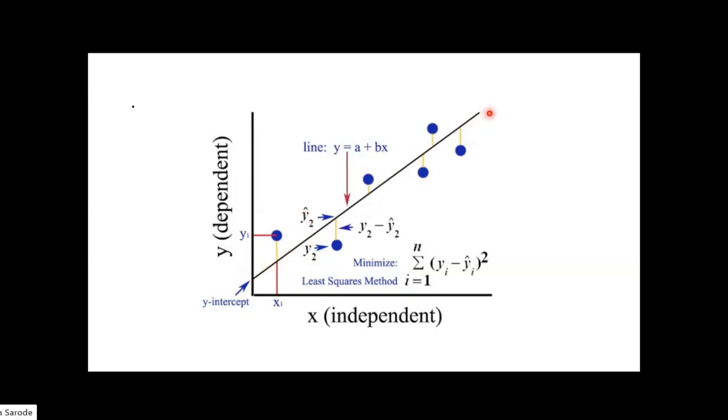This is your best fit line, let's say your line of regression. The point where this line cuts the y-axis is called the intercept, or y-intercept. The blue points are your actual points, and the point where the straight line from a blue point cuts the regression line is your predicted point.